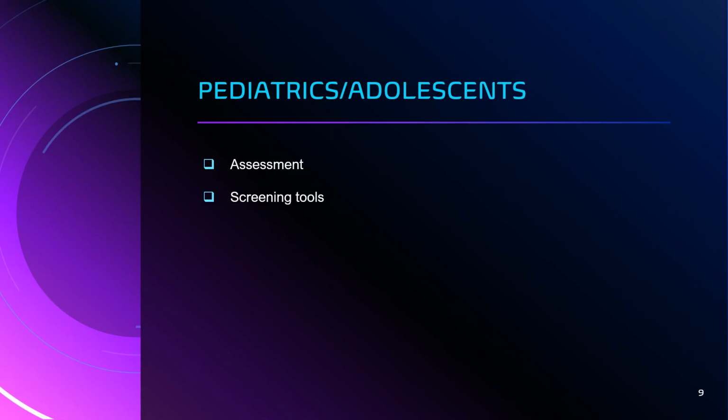Screening tools for adolescent mental health include broad measures like the pediatric symptom checklist and strengths and difficulties questionnaires. Specific tools such as the patient health questionnaire for depression, the GAD-7 for generalized anxiety disorder, and the Ask Suicide Screening Questions, ASQ, for suicide risk.